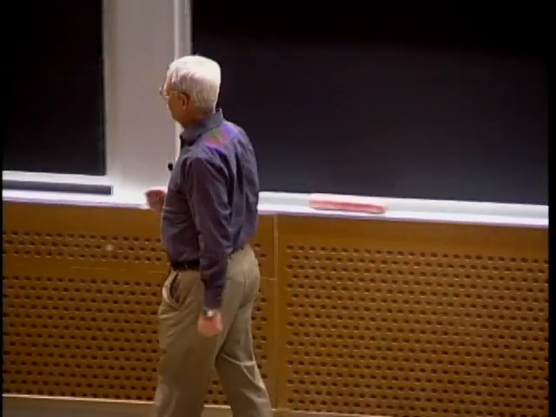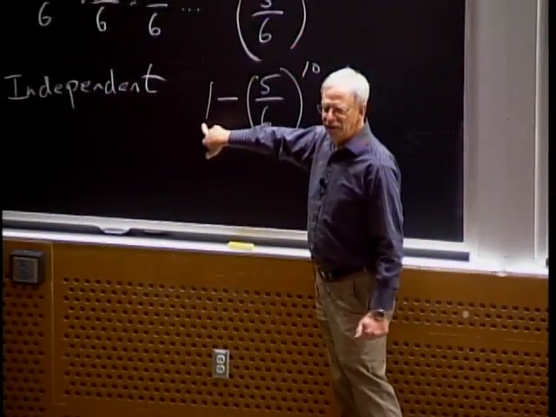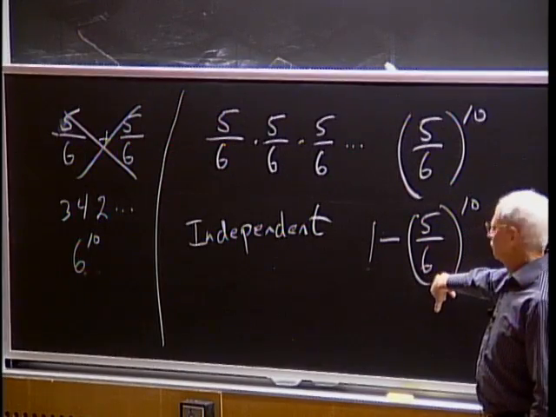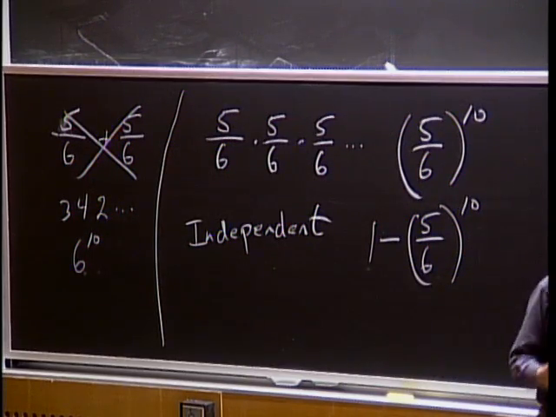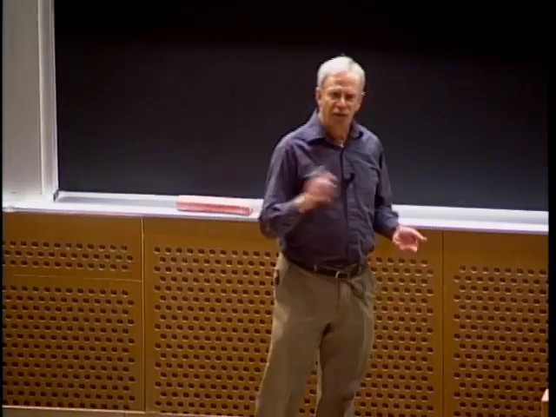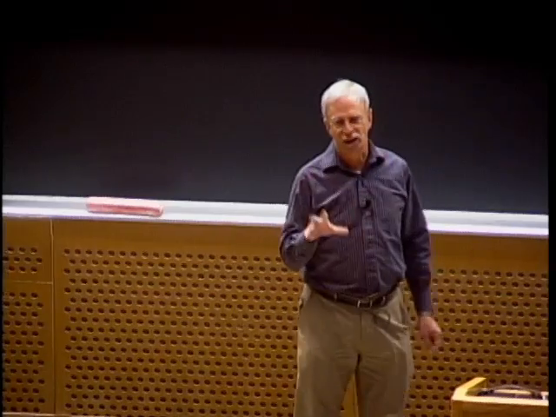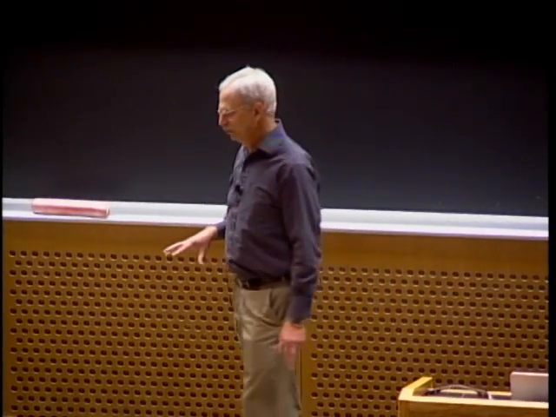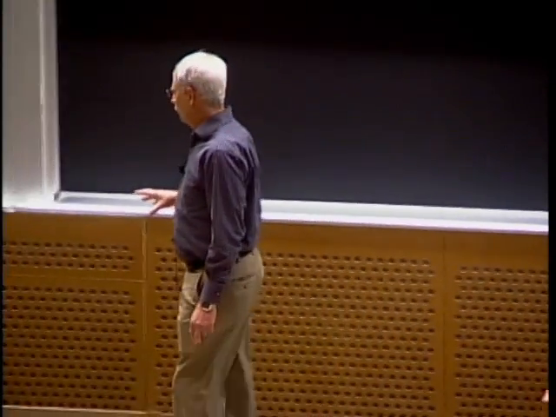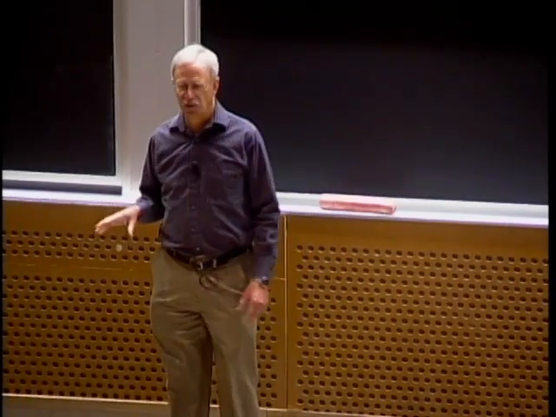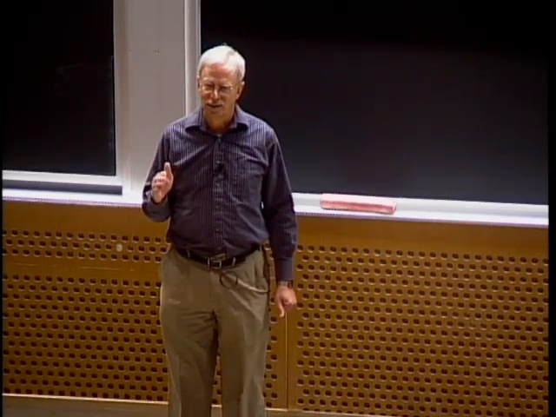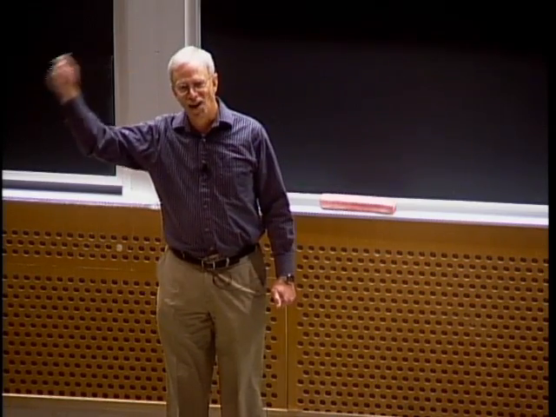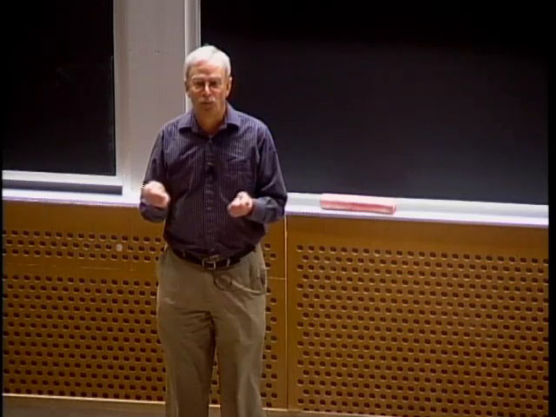So if I take all of the possibilities and I subtract the possibilities of not getting any 1s, the result must be the probability of getting at least 1 1. This is a very common trick in computing probabilities. Very often, when somebody says, what's the probability of X? The simplest way to compute it is to compute the probability of not X and subtract it from 1.